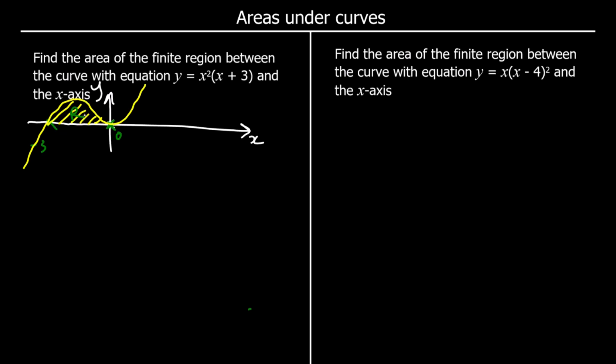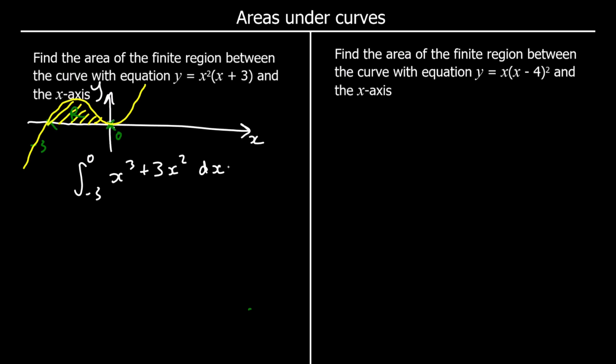So we want to integrate between the limits 0 and negative 3. That's the integral between 0 and negative 3 of, if I expand the bracket, x cubed plus 3x squared with respect to x.